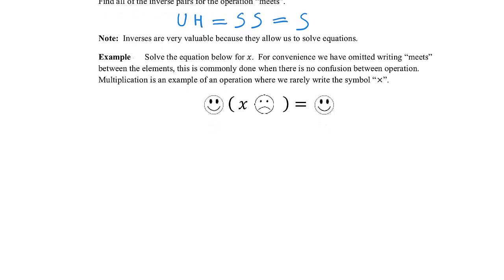So we've set up that type of thing below, where we have happy meeting the result of our unknown x with unhappy. X is one of happy, unhappy, or surprised. We don't know which one. We have to find out which one will give us happy as the result.